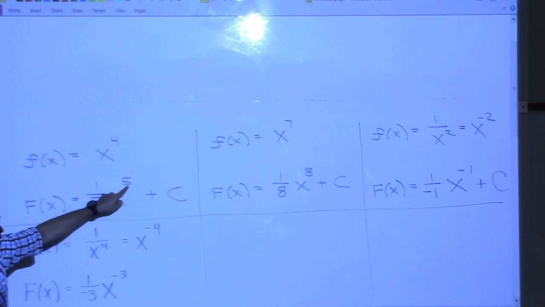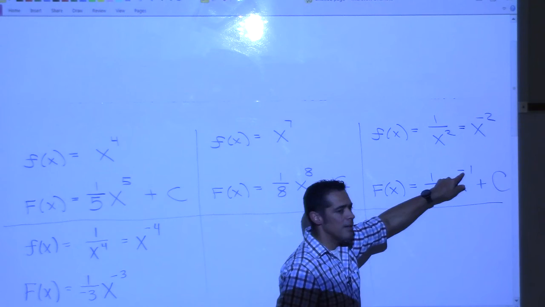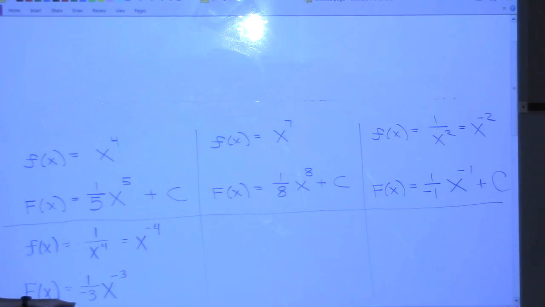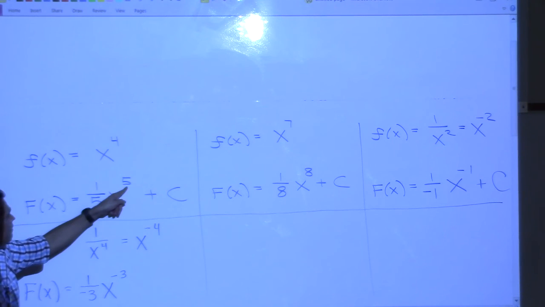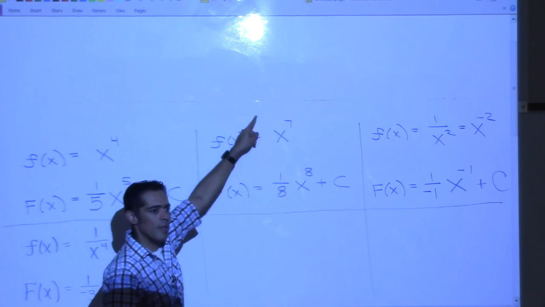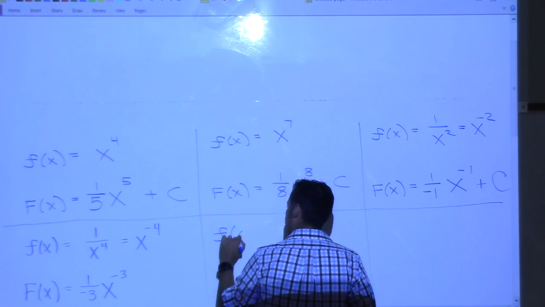Do y'all see the pattern in all of these? Whatever power's out here, we're doing 1 over it out front. But what's the power? The power is always 1 more than that. So maybe we can come up with a general formula.